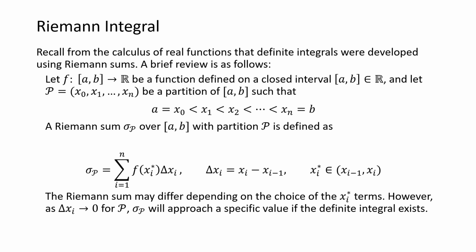Okay, on this slide we're going to review the Riemann integral from calculus for real valued functions, and in a few slides forward we're going to generalize this for complex functions. So it's a good idea to have a refresher here. Recall the idea is to find the area under a curve, a function f of x, between a point a and b, at least for real valued functions.